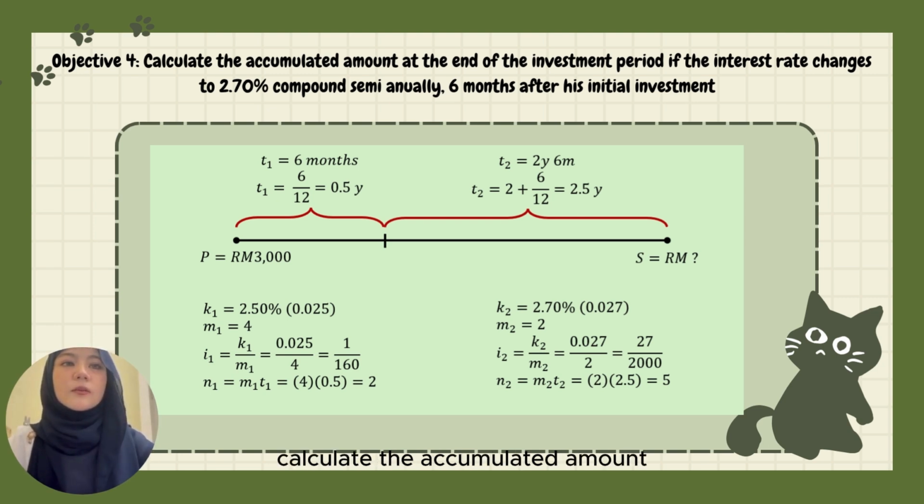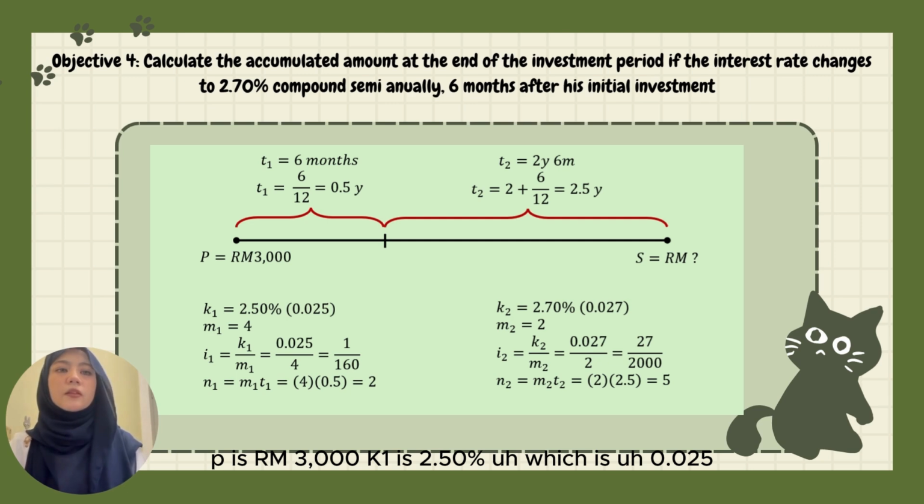Let's look at objective 4. Calculate the accumulated amount at the end of the investment period if the interest rate changed to 2.70% compounded semi-annually 6 months after his initial investment. So T1 is 6 months, which is 0.5 year. T2 is 2 years 6 months, which is 2.5 years. P is RM3,000. K1 is 2.50%, which is 0.025.